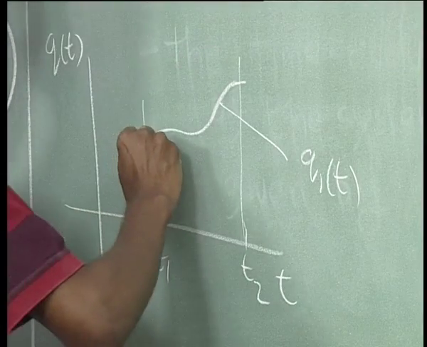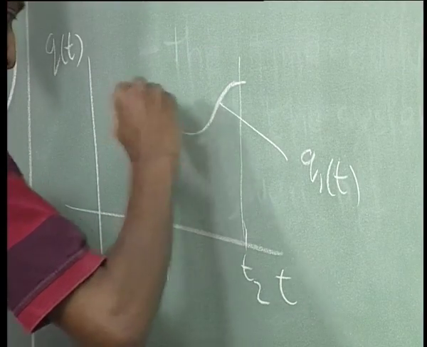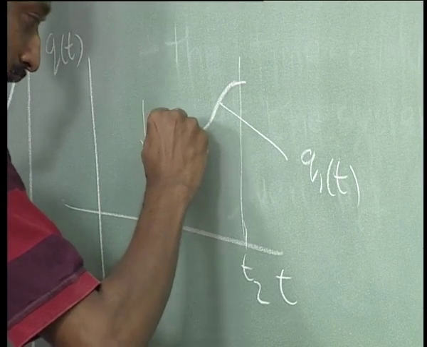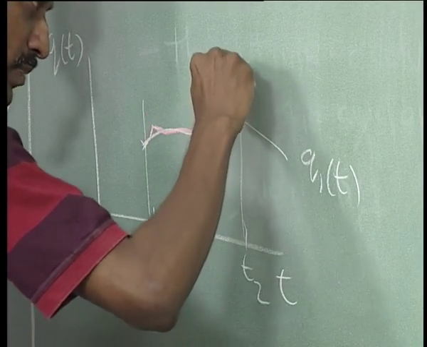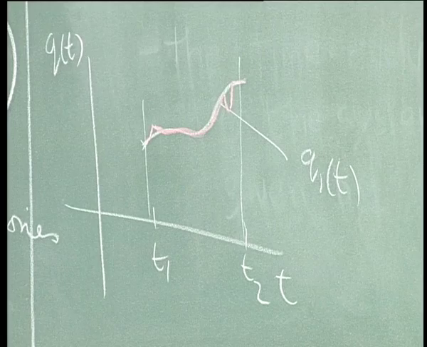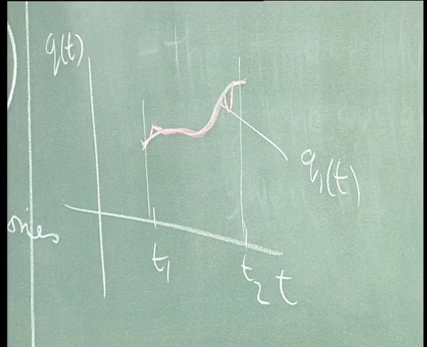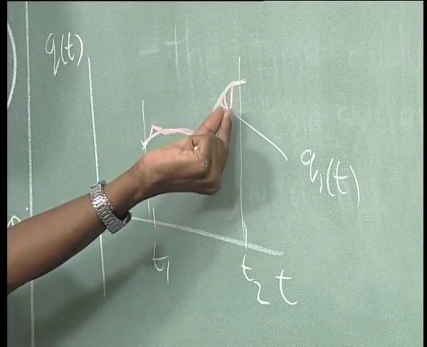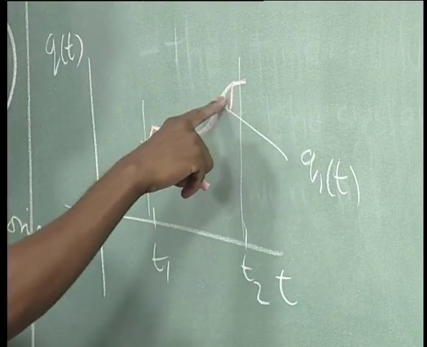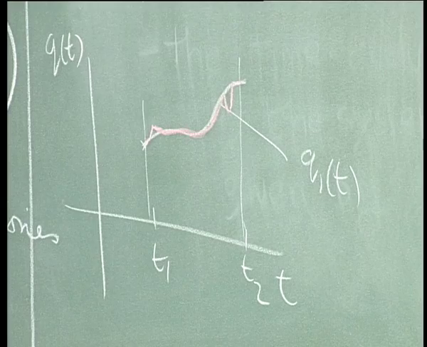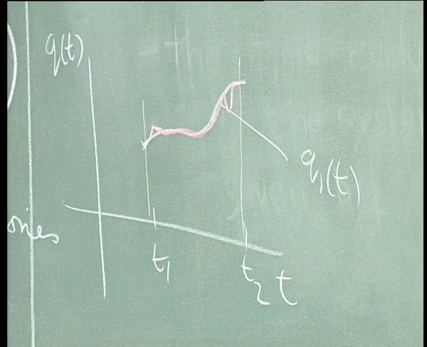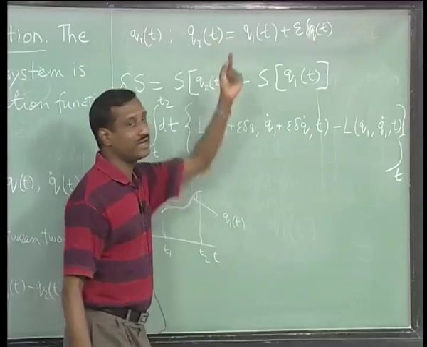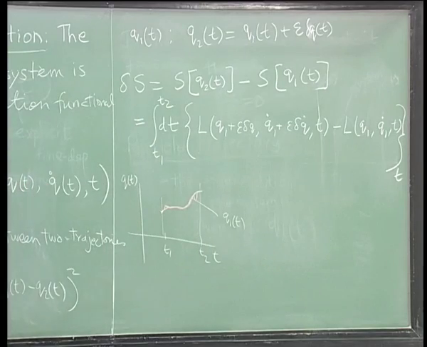It is the same as here, but maybe somewhere here it is slightly off, then it comes back to this, follows this, and in some other place it goes off and comes back. I can adjust it in whichever way I want. The point here is that this delta q is completely independent of this. More generally, the delta q's at any two different time instances are independent of each other.